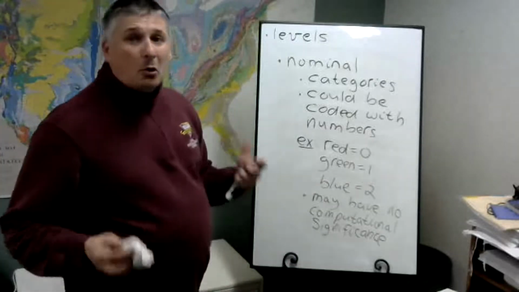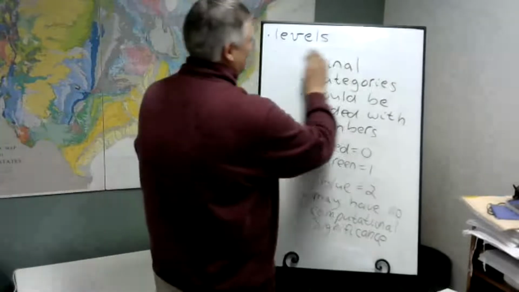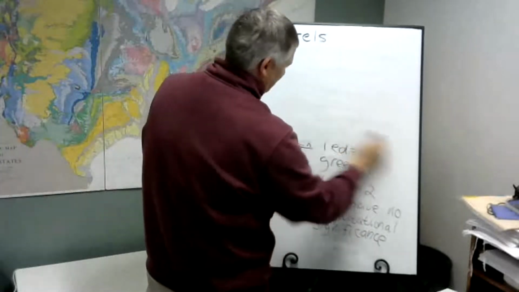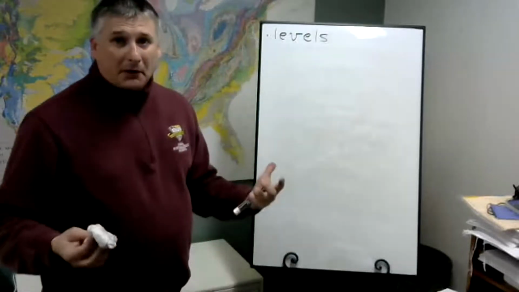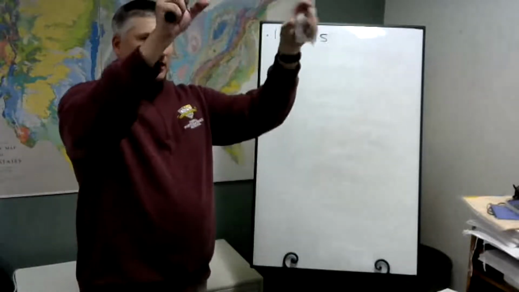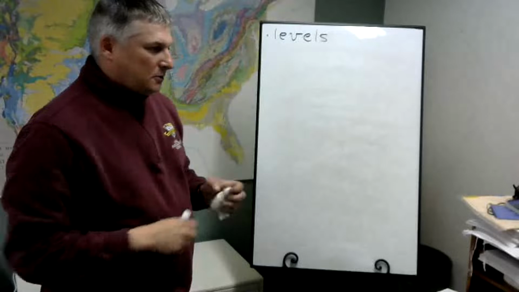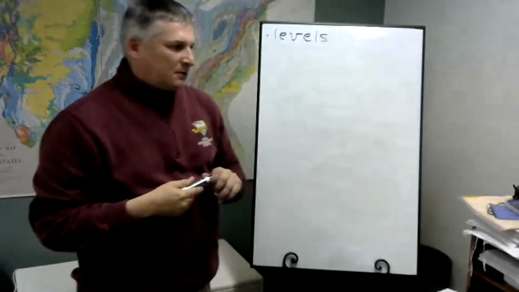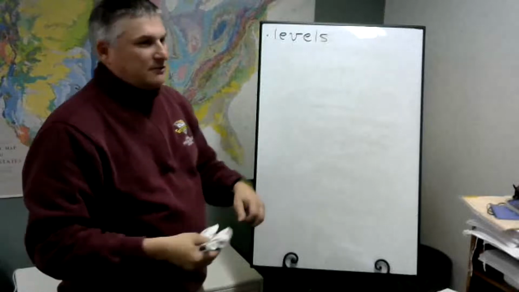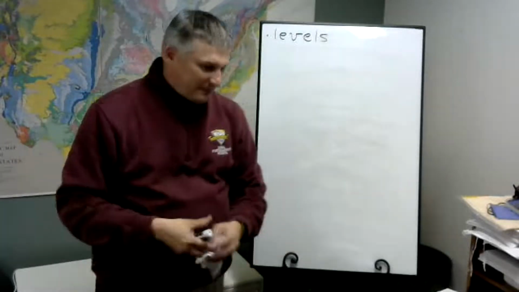So we get what are called ordinal data. So nominal, you can think like categories, like Democrat, Republican. You could say in-state, out-of-state. You could say, again, red, green, and blue.